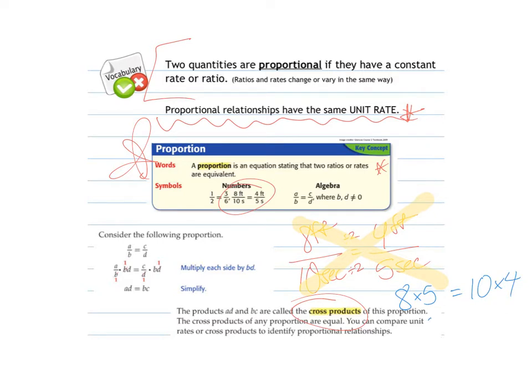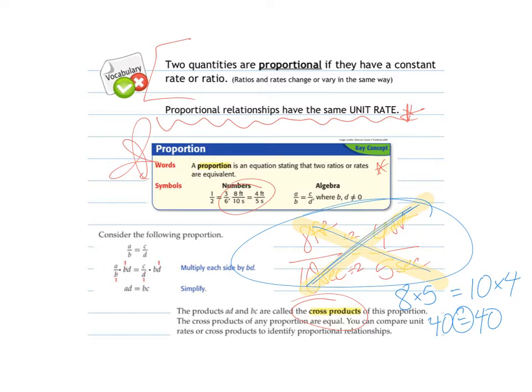And I know that 8 times 5 is 40, and 10 times 4 is 40. So yes, these are indeed proportional relationships. They are proportional ratios. So this is always a way we can check our work. We can multiply the diagonals here and the diagonals here and set them up here and see if they're proportional. I know that's super sloppy right now, but hopefully you're able to follow along.